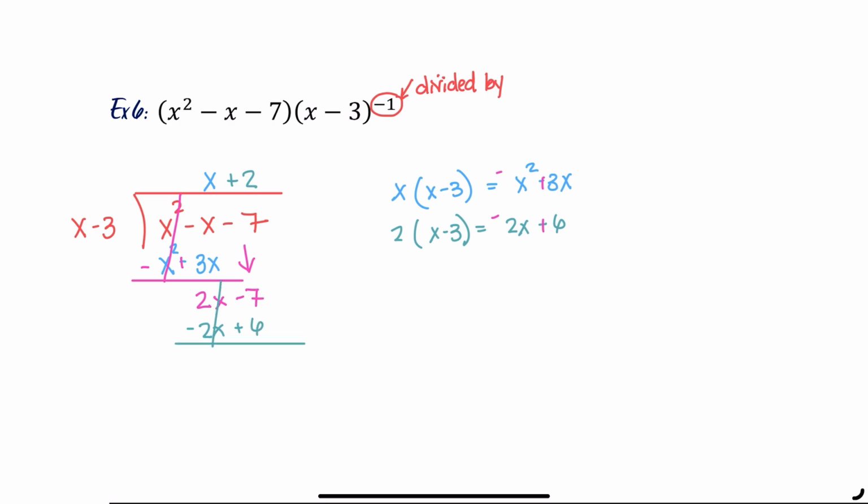My 2 x's are going to cancel, and I'll be left with a remainder of negative 1 divided by x minus 3. That's my quotient.